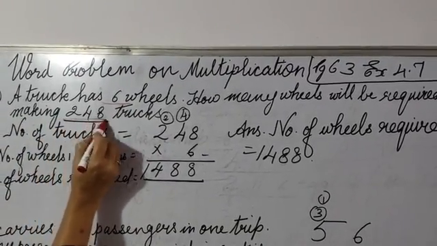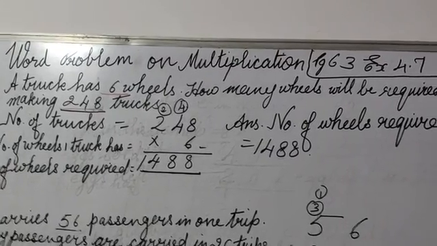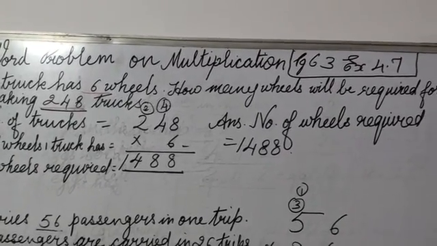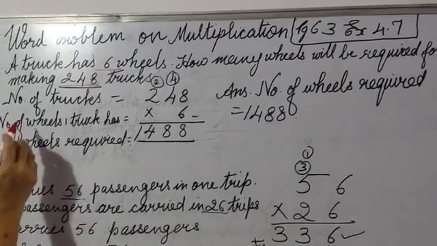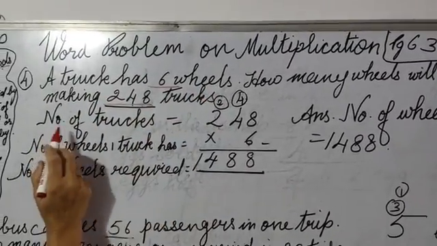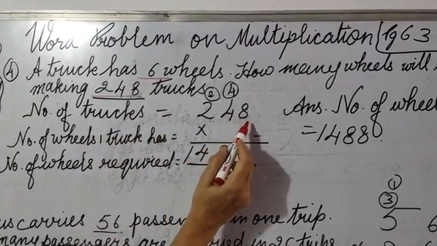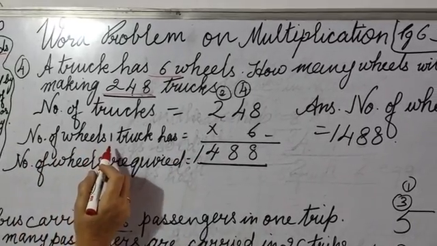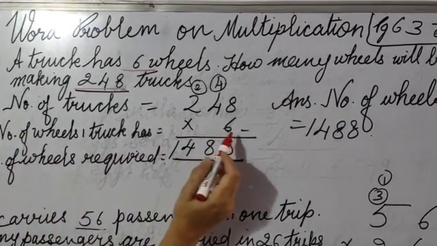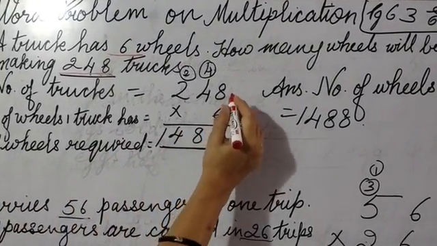Therefore, in 248 trucks, how many wheels will be required? So the first statement: a truck has 6 wheels. Number of trucks are 248. And number of wheels, one truck has 6. So number of wheels required will be, we multiply.